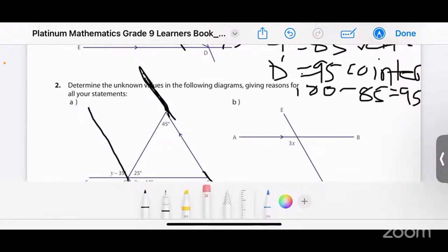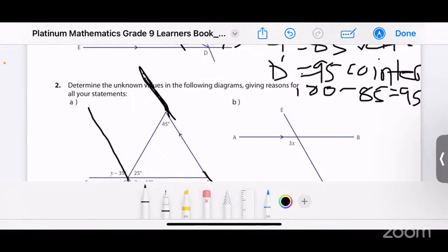That's a triangle. Are you seeing that triangle? 45 plus 25. A triangle adds up to how many degrees? A triangle adds up to 180 degrees. You must know that, ne?